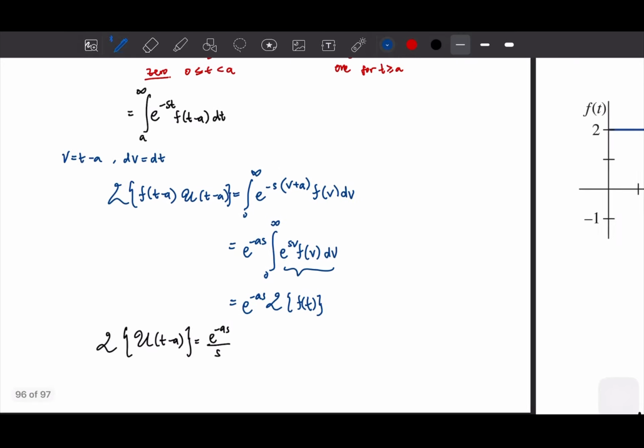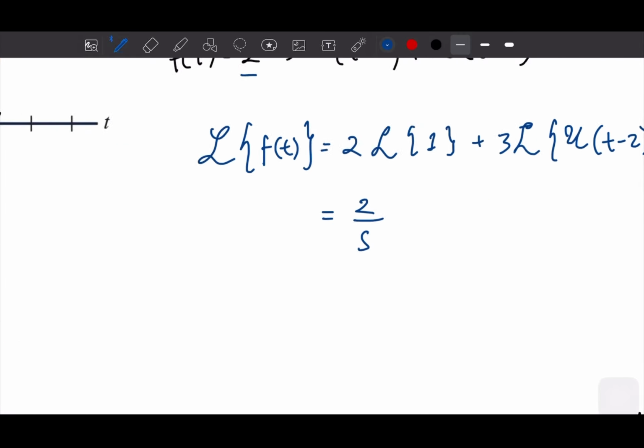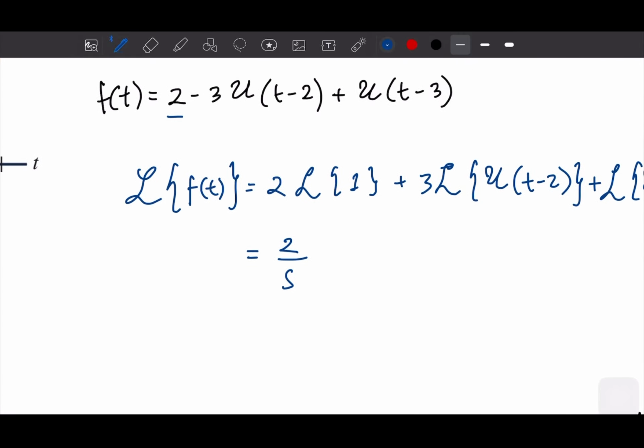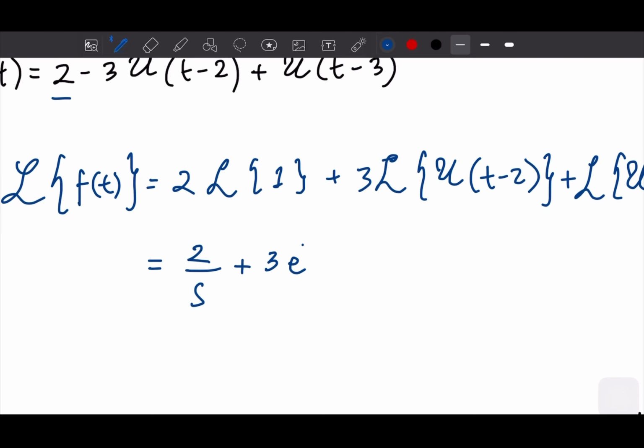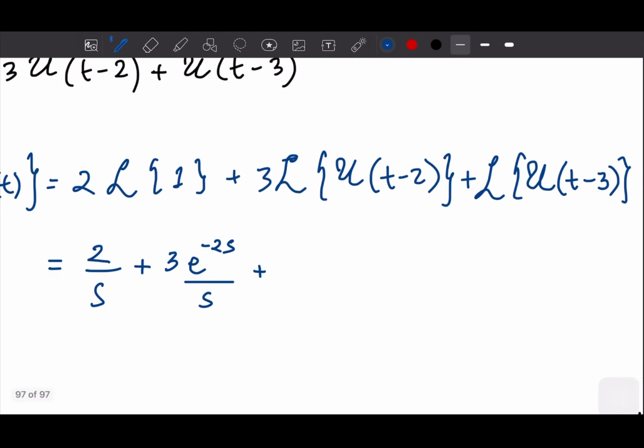So we could write this part here: plus 3 multiplied by e to the power of negative 2s over s. And then plus, this is negative 3, so e to the negative 3s over s. And we've done the Laplace transform.